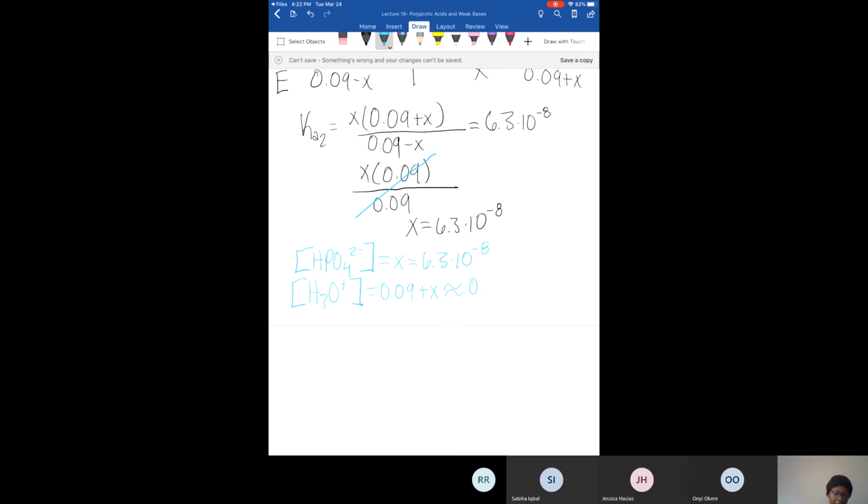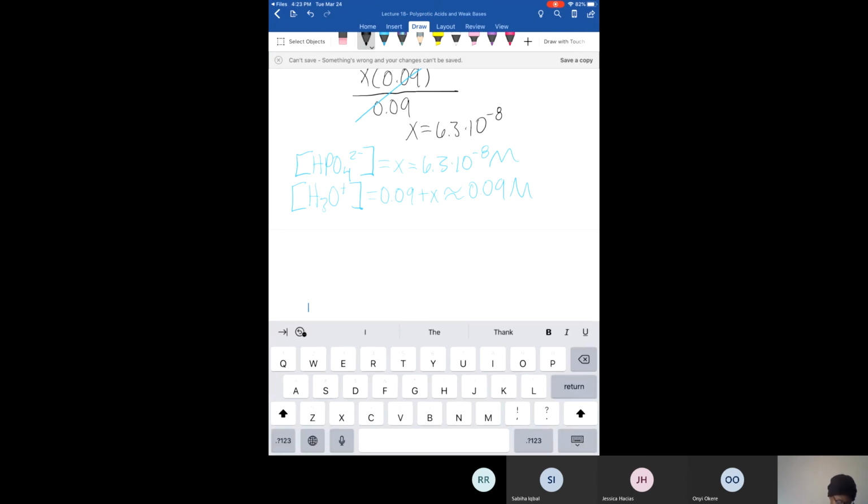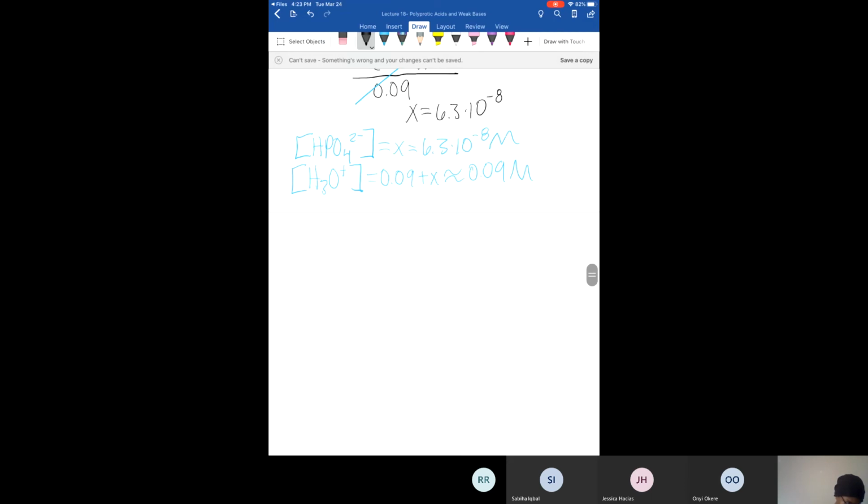If you want to go all the way out, feel free to, but I will not. Okay, but it's still not done, because now HPO4 2 minus is going to break down again into PO4 3 minus, the phosphate ion.